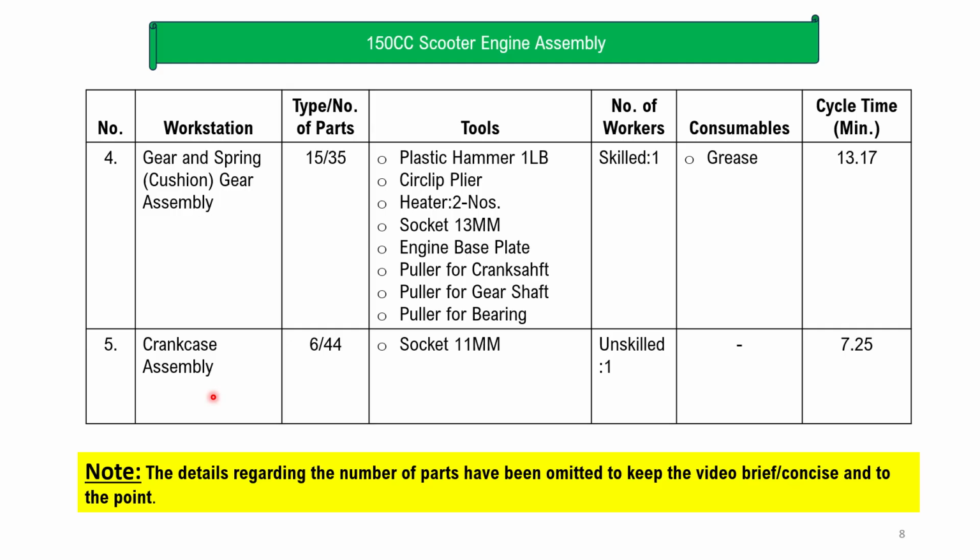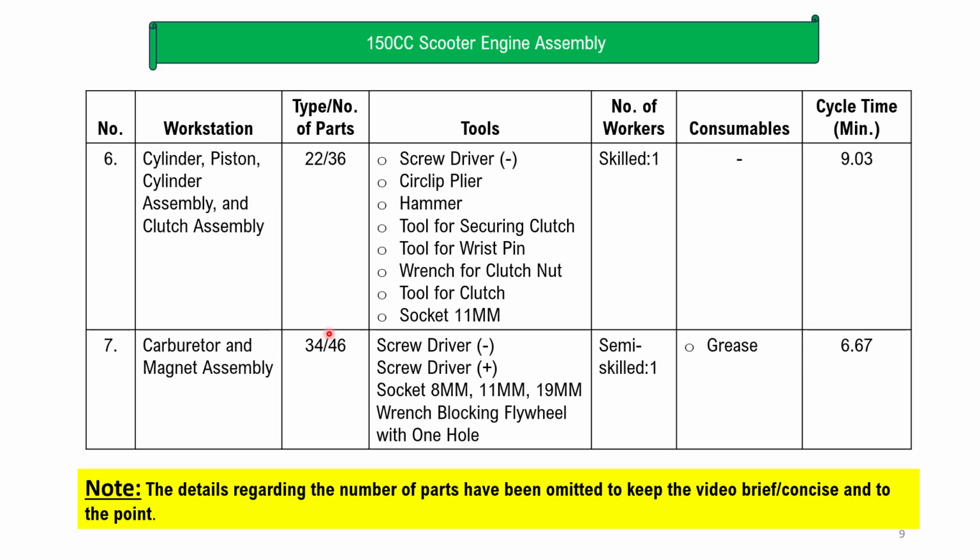In case of crankcase assembly, which is process number 5, the type of parts are 6 and the number of parts are 44 and the tool requirement is socket 11 millimeter and worker requirement is 1 and overall cycle time is 7.25 minutes. Number 6. Cylinder, piston, and clutch assembly.